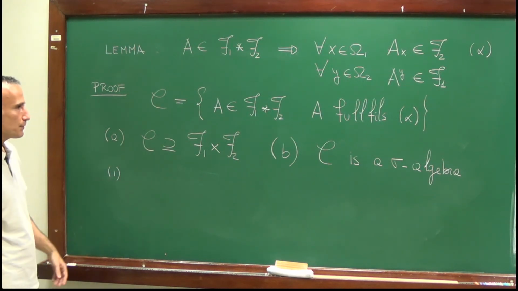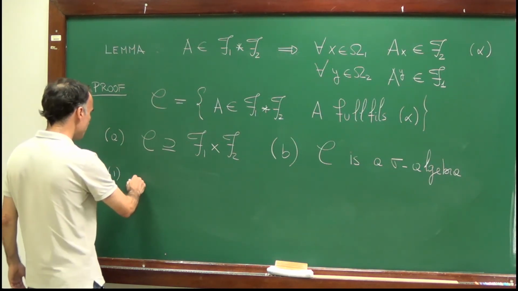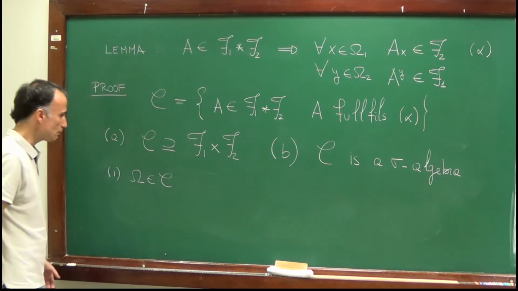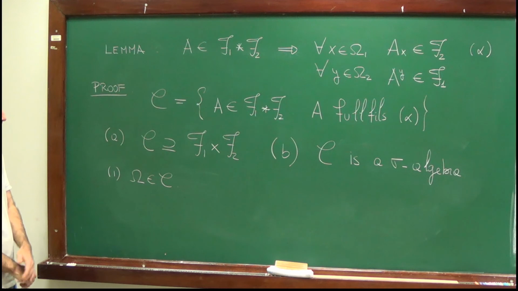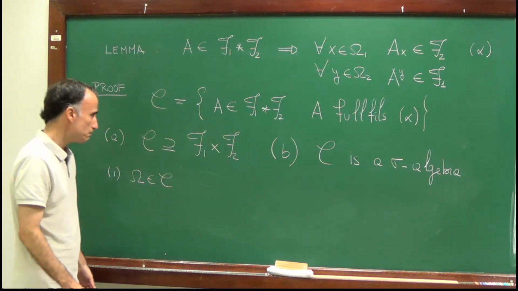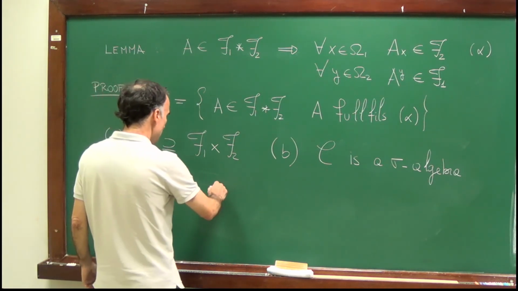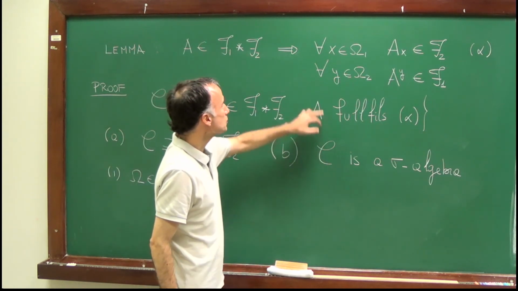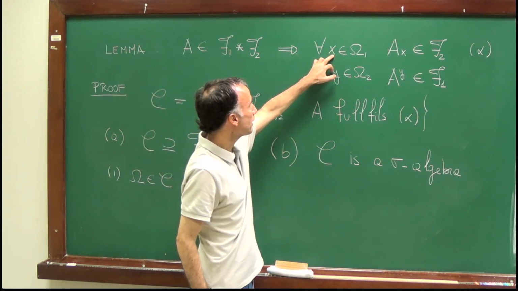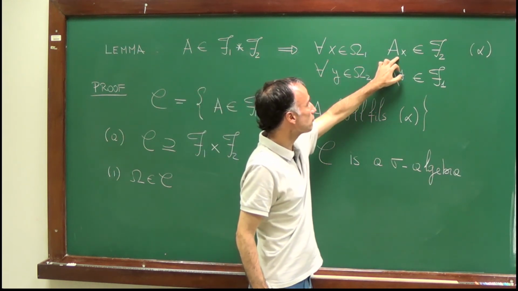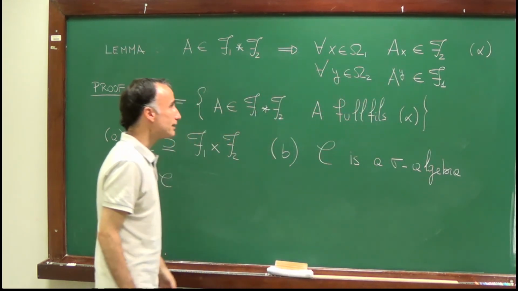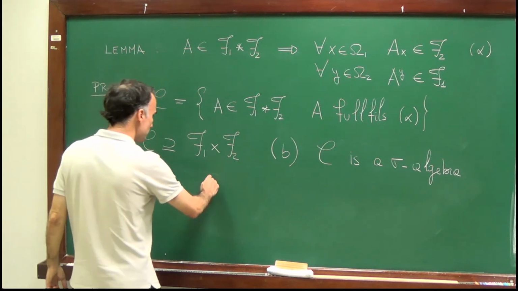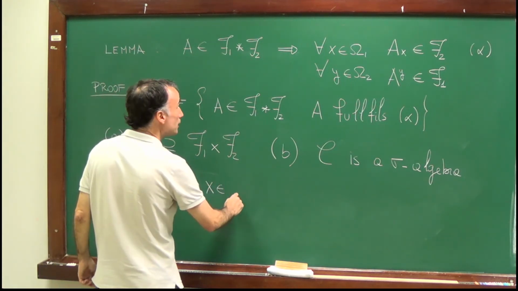The first one is that the set omega belongs to C. So let's see that the set omega belongs to C. In order to show that omega belongs to C, I have to fix a point x in omega 1 and show that the cross-section at x of omega belongs to F2. So let's fix a point x in omega 1.